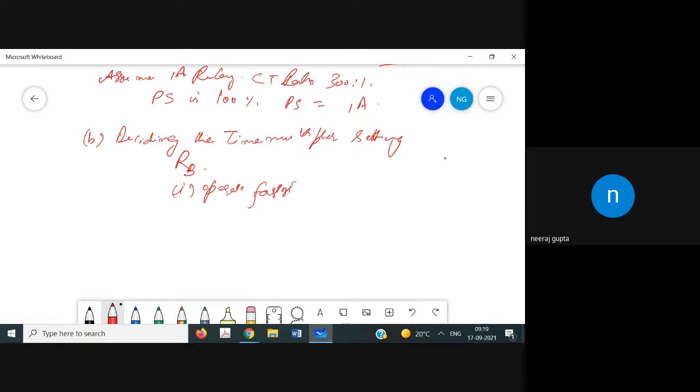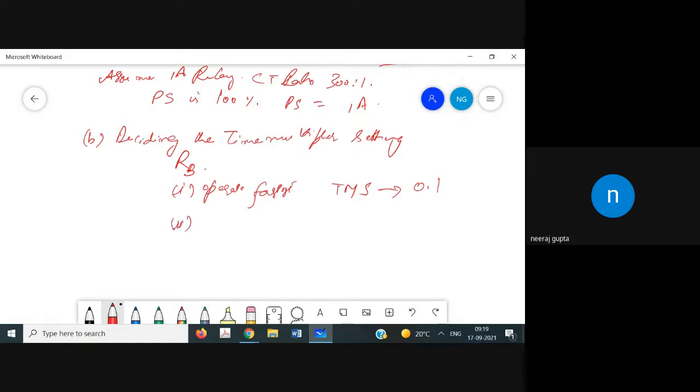No selectivity is maintained with any other relay. So let us suppose that the TMS of this RB is selected as 0.1.